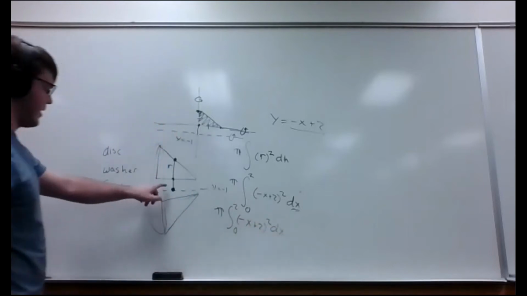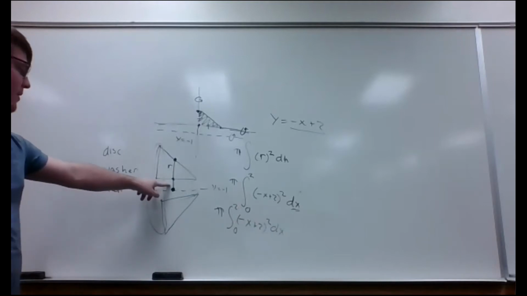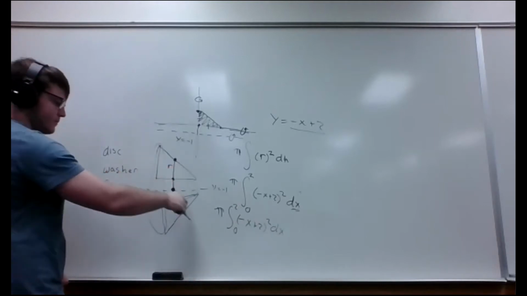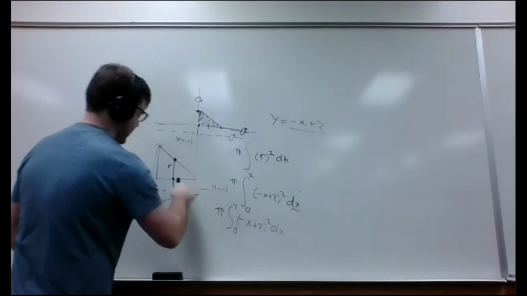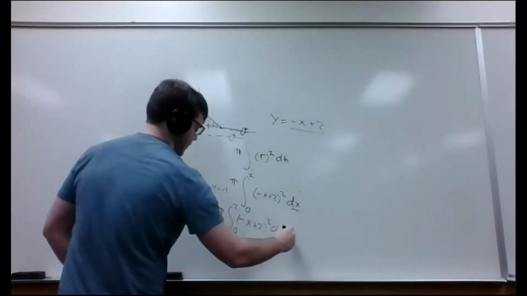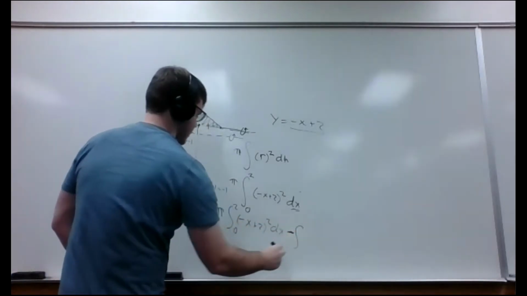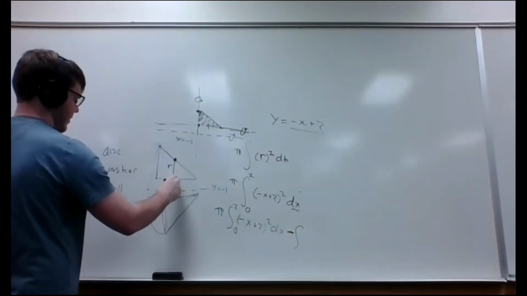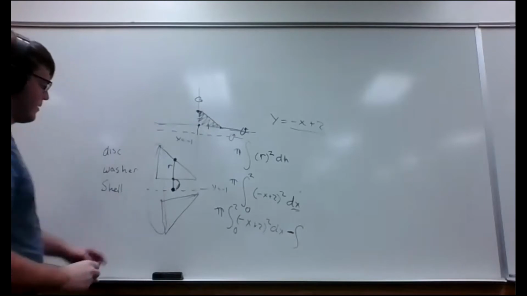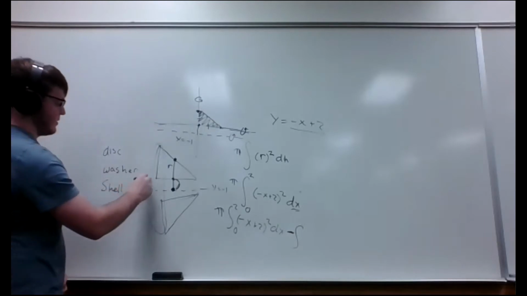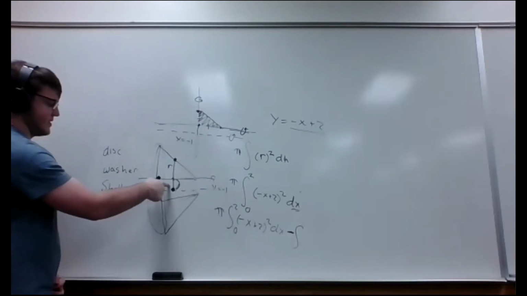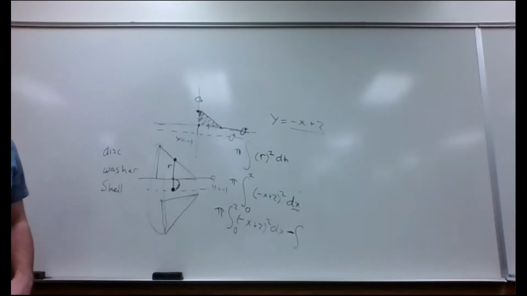But now we're going to minus something, right? So we're going to minus an integral of, well, what is this distance right here? If we think of this as the origin, this is a -1 distance, right?